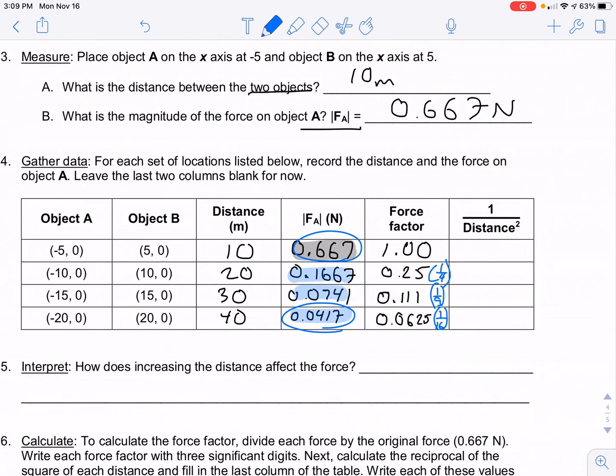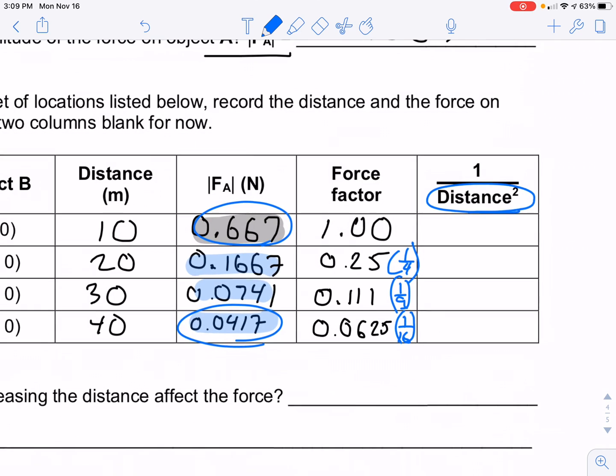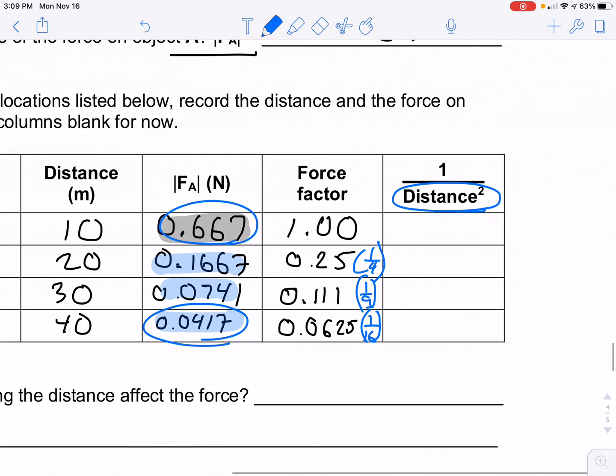Now, what we're going to do is take 1 over the distance squared. Here's how we do that. The distances are 10, 20, 30, 40. So first, we're going to square all those things. 10 squared is 100. So 1 over 100, divide that, and we get 0.01. The units for this would be square meters. Okay, but we're taking 1 over 100. In this one, we're taking 1 over 400. 20 squared is 400.